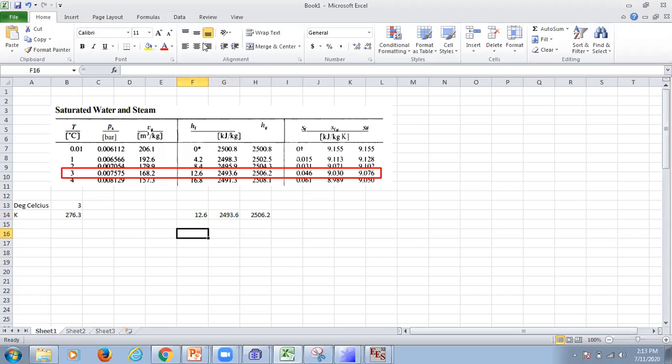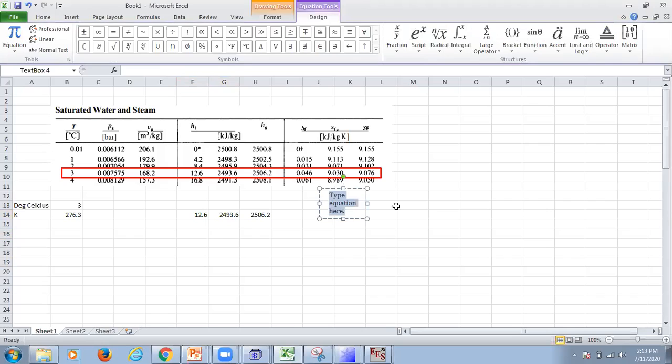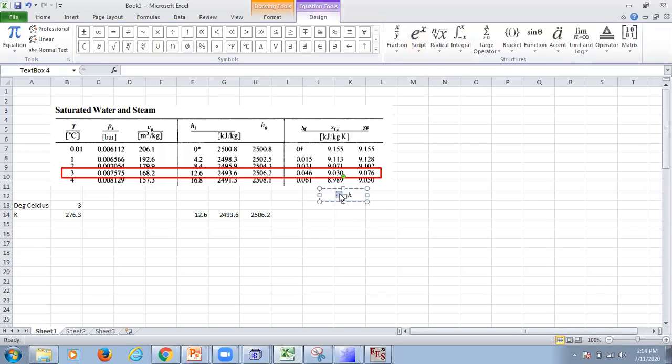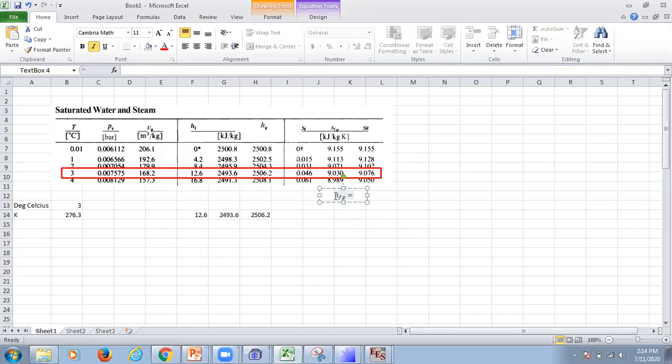So the equation here is hfg is equal to hg minus hf.